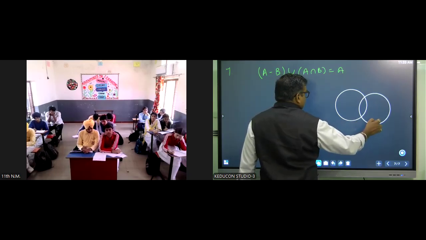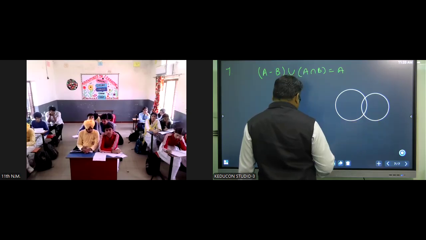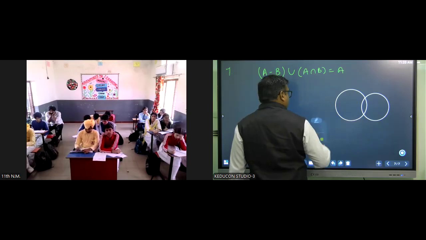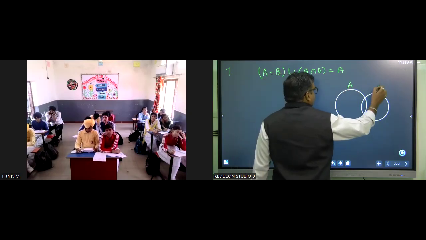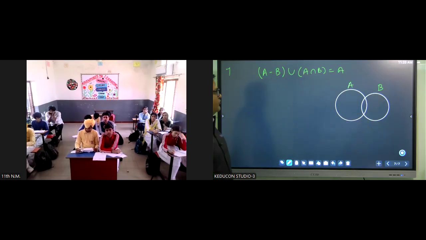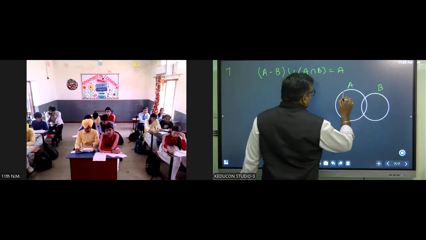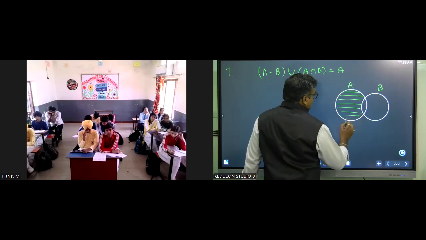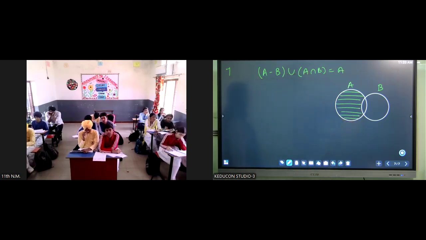Let's say these are the two sets. This is A, this is B. Right, बच्चों? Now, what is A minus B? This part is A minus B. Yes or no? Yes.